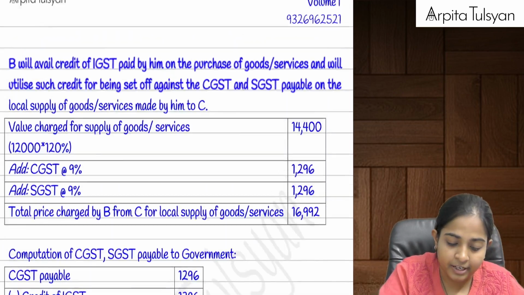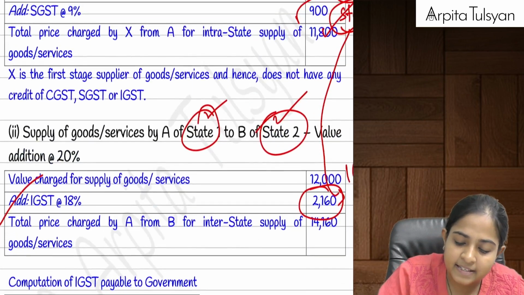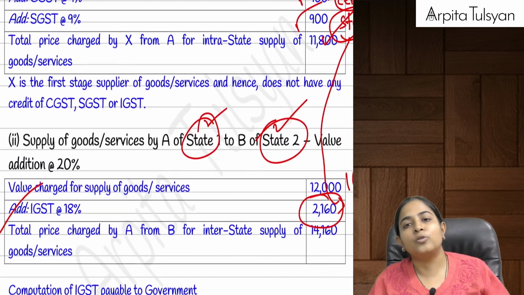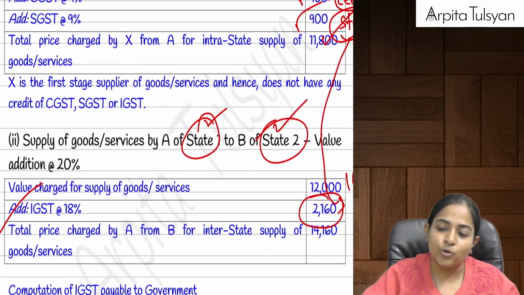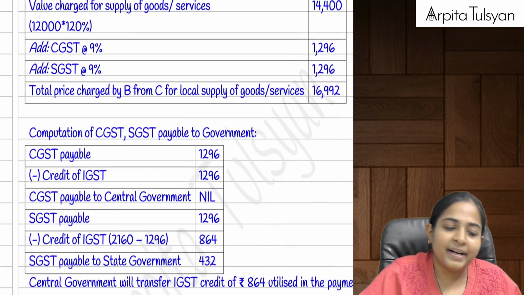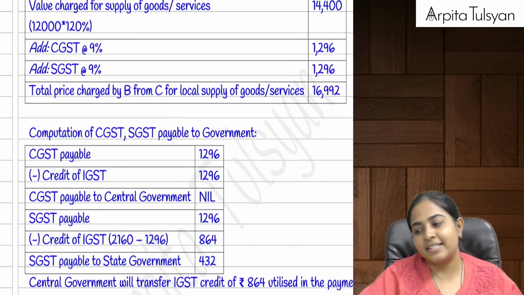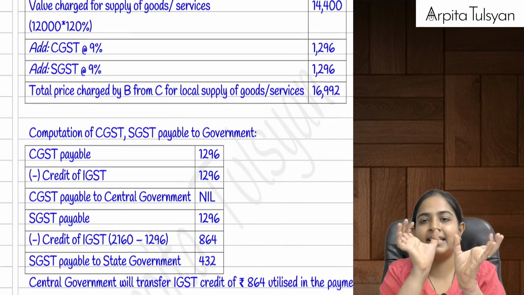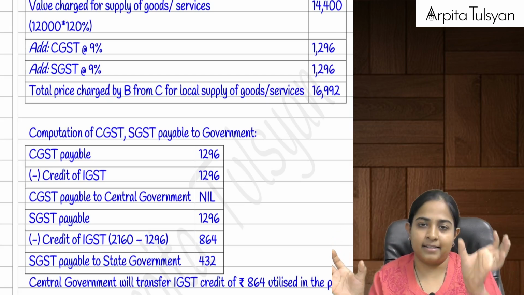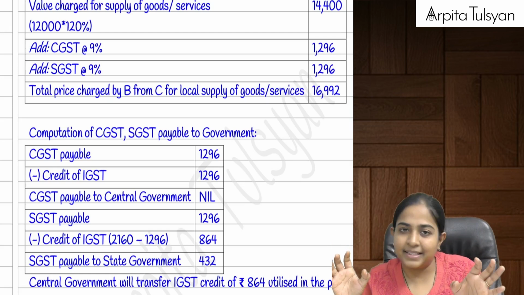Please do refer to it. So what are they trying to tell us here? As the goods move, along with the goods, the revenue, the taxes are also going to move. Ultimately there will be three heads. One is CGST, another one is SGST, and the other one is IGST. CGST is collected by the central government.